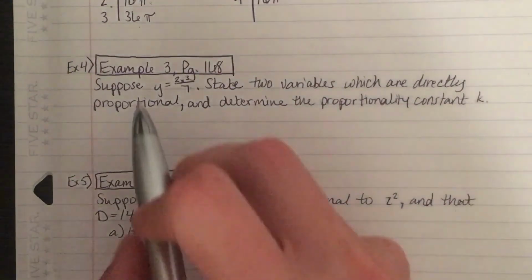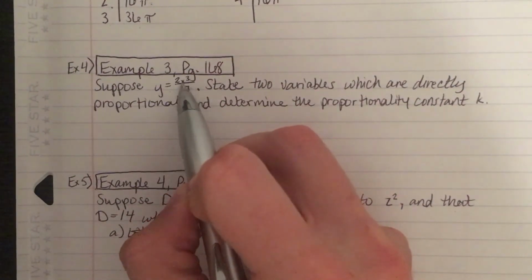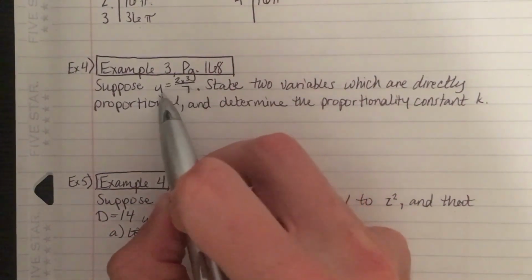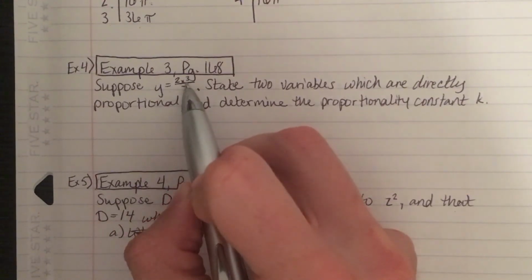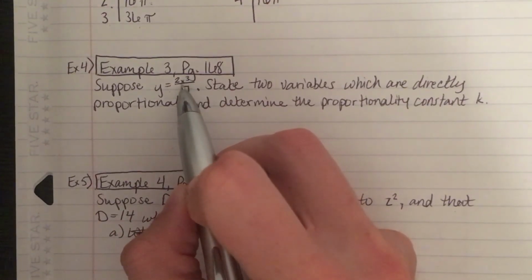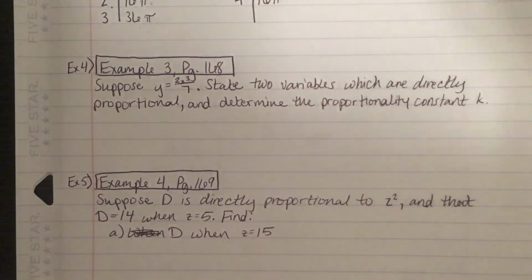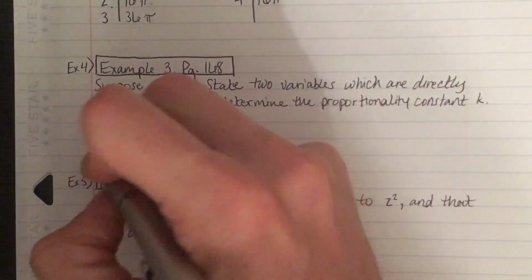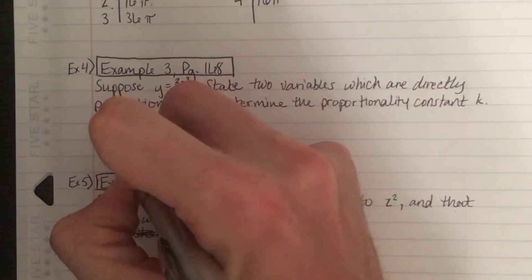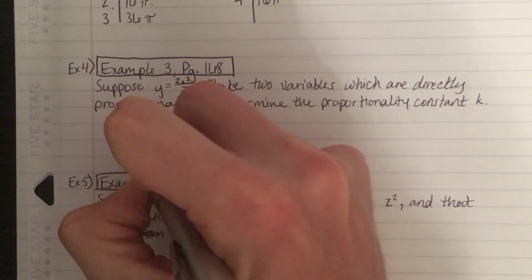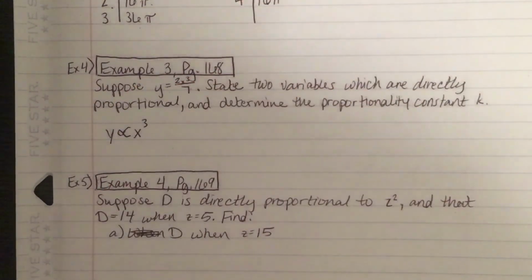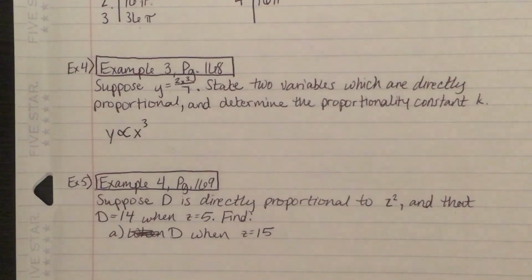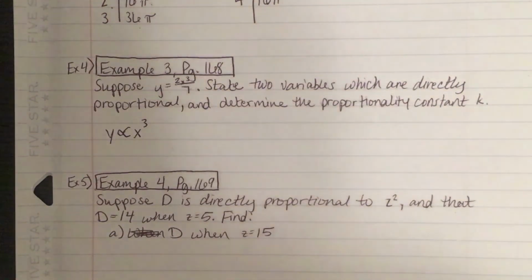Now, here, y and x aren't going to be directly proportional because there's 3 x's here. It's x cubed, x times x times x. So we're going to just say y is directly proportional to x cubed right here.